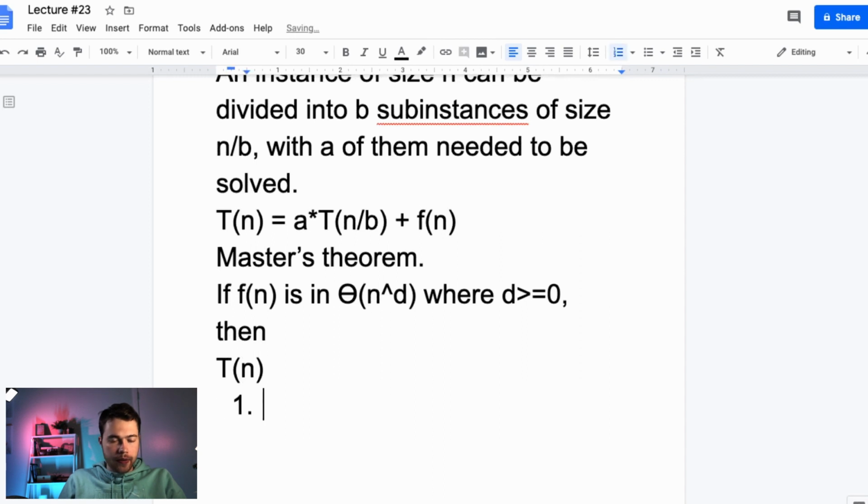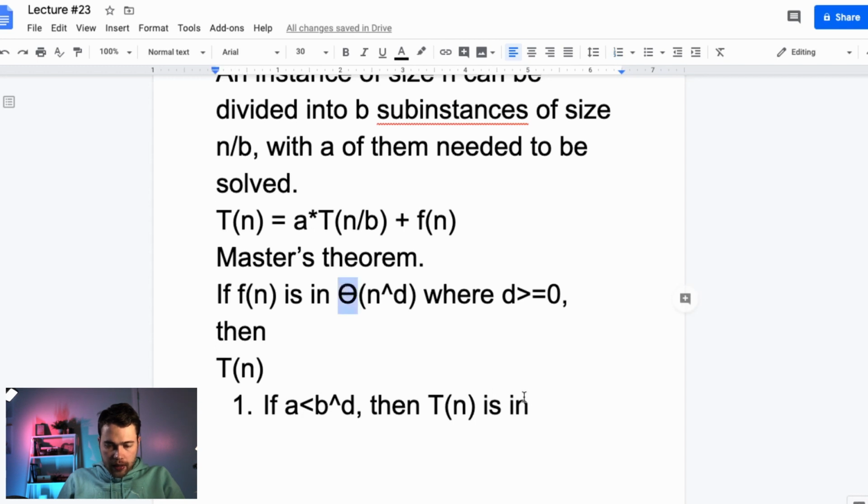There are 3 cases. Number 1, if a is less than b to the d, then T of n is in big theta of n to the d.